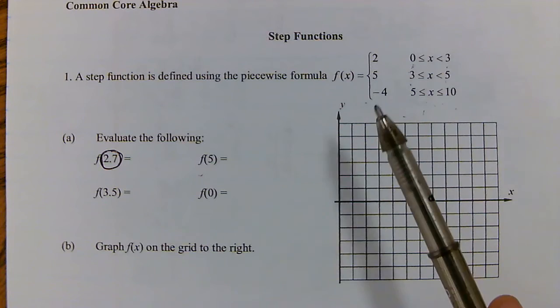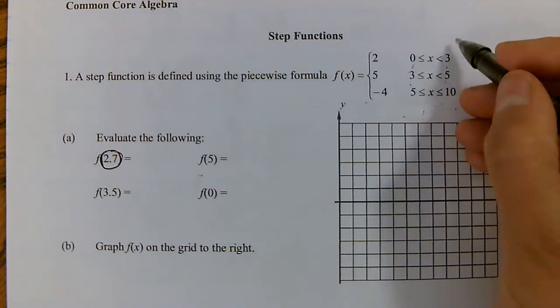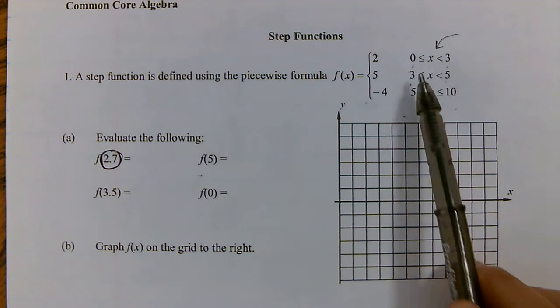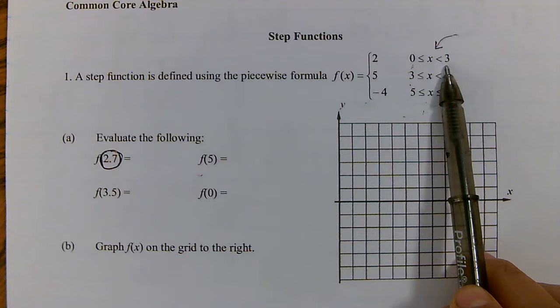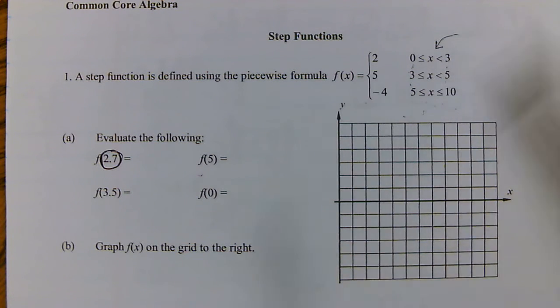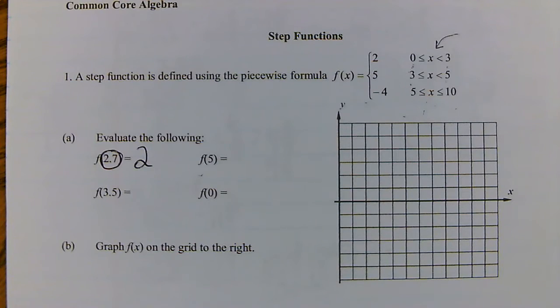So you want to see in what range is 2.7? Well, 2.7 is going to fall in this range here because it's between 0 and 3. So that means, since it's in that range, your value is going to be 2.